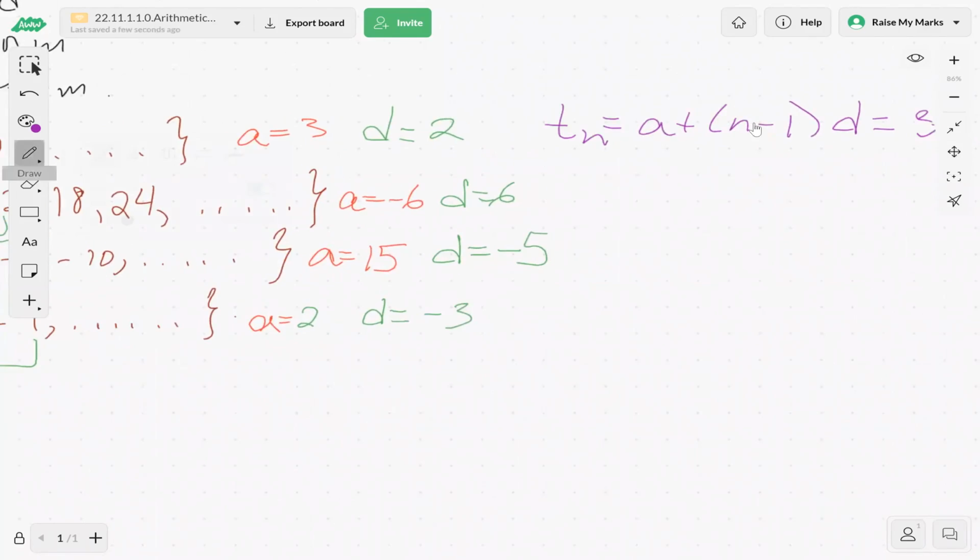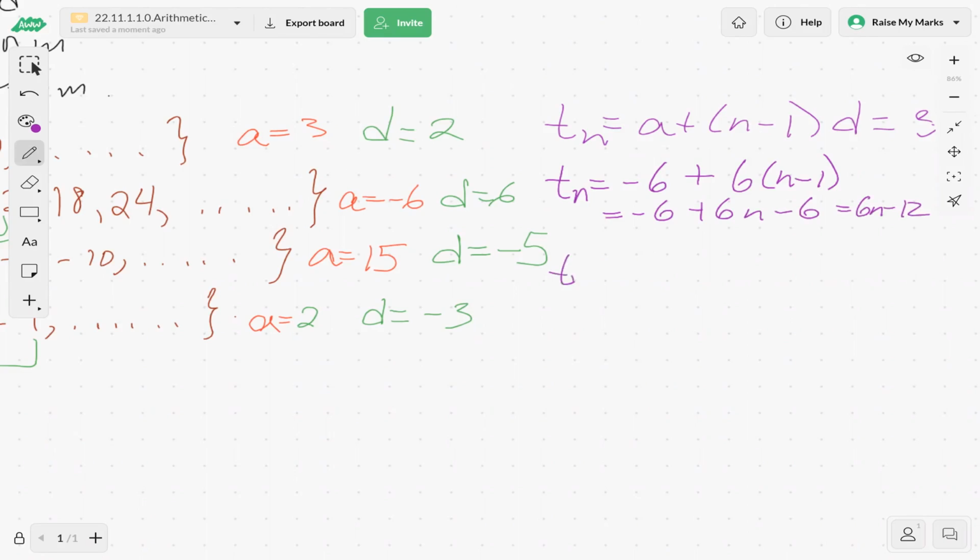Let's look at our second sequence. Tn equals -6 plus 6 times (n minus 1). Let's simplify that. Tn equals 6n minus 12. Third sequence: Tn equals 15 plus our d, negative 5, times (n minus 1).